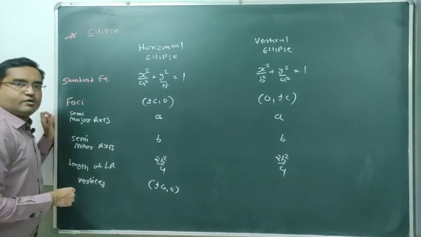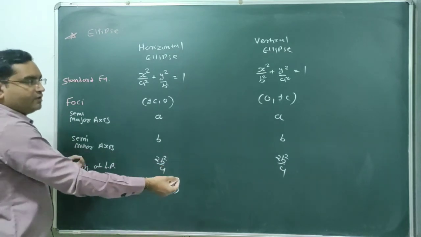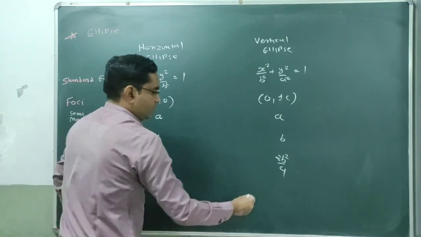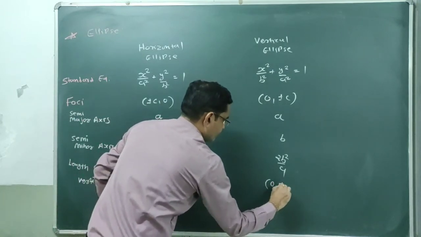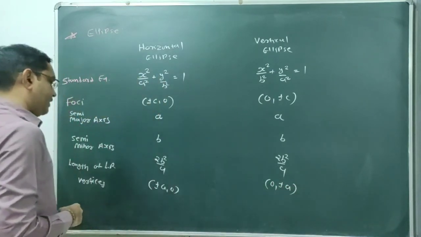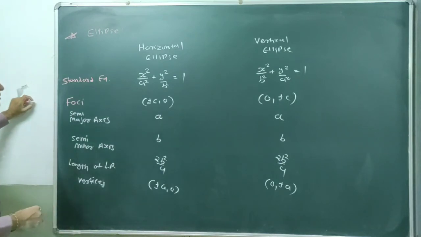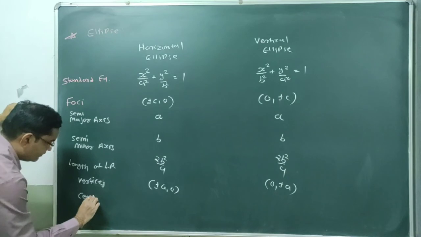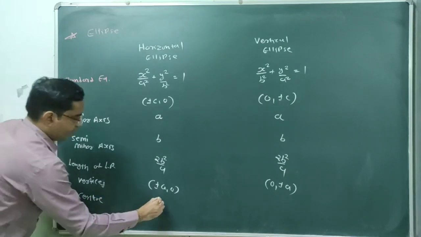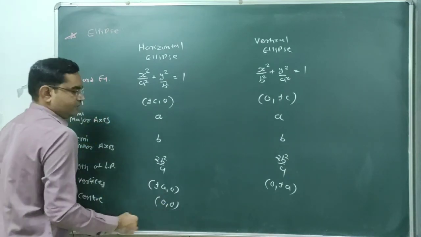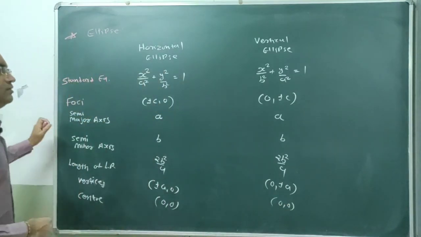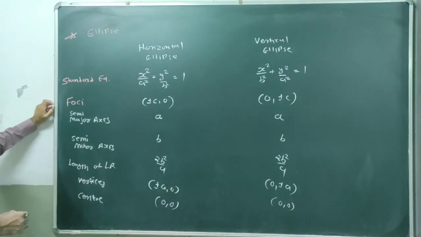Vertices are along the x-axis, while for this vertical ellipse, vertices are along the y-axis. So it's 0, plus or minus a. Coordinates of vertices. Done? Focus done, now center. Here the center is at the origin. For this case also, the center is at the origin. Done? That's all.